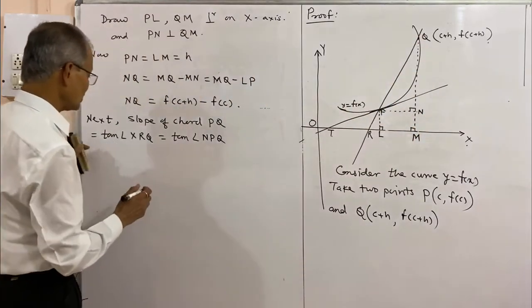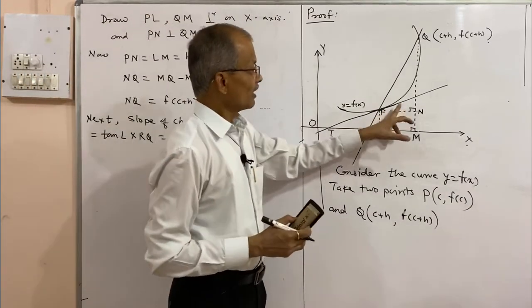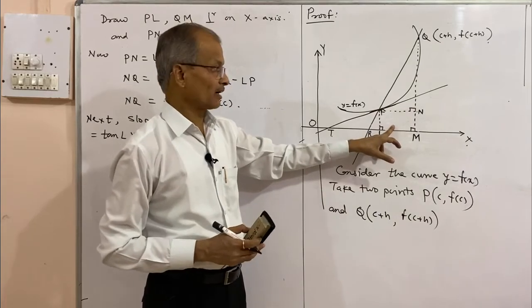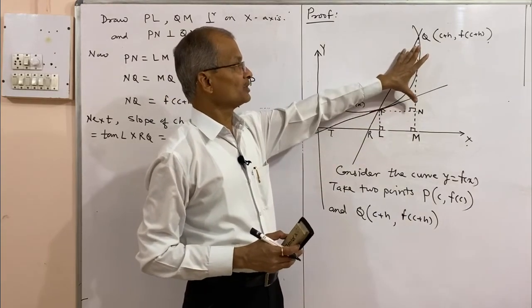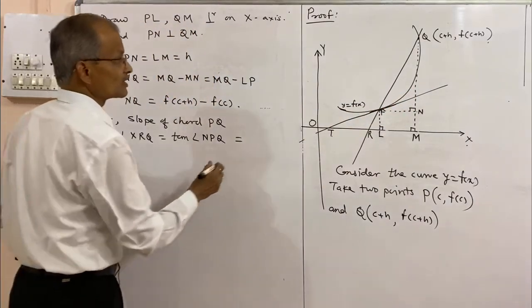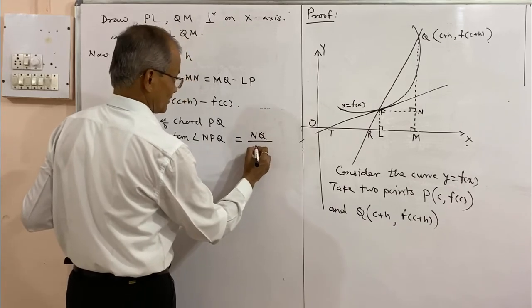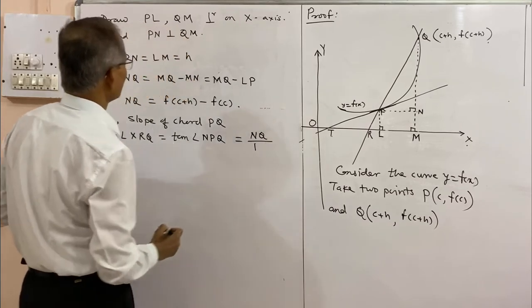And what is the tangent of angle NPQ? In this right angle triangle, tangent is opposite side divided by adjacent side, so it is NQ divided by PN.